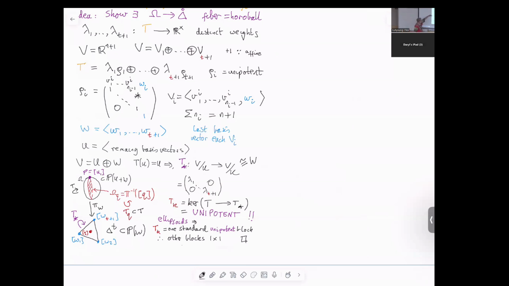Except in that case, you can argue that this map is surjective onto the interior of this simplex, basically using the fact the boundary is strictly convex, and so the image is going to be an open set in here. And it's a group invariant open set, so it's got to be the whole interior of the simplex. Yeah, there's a lot of details I'm skipping, and the details are in the paper. I'm just trying to give you the idea.